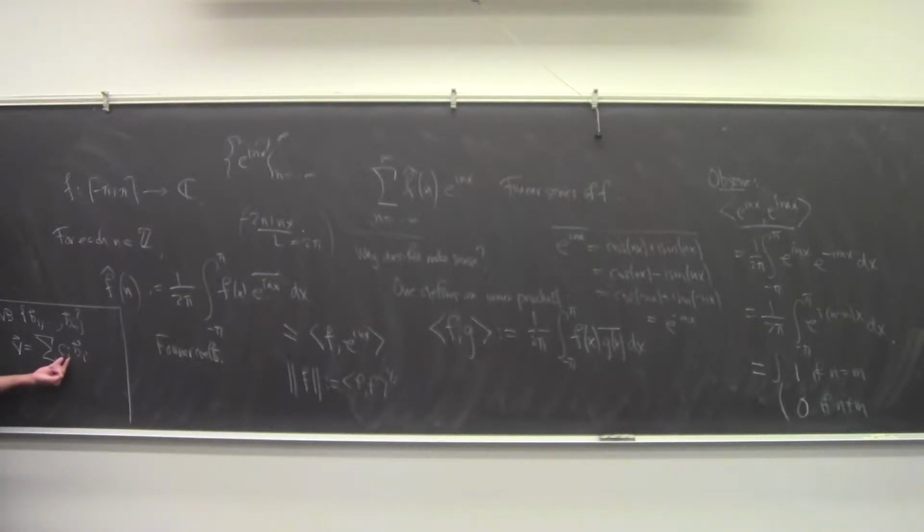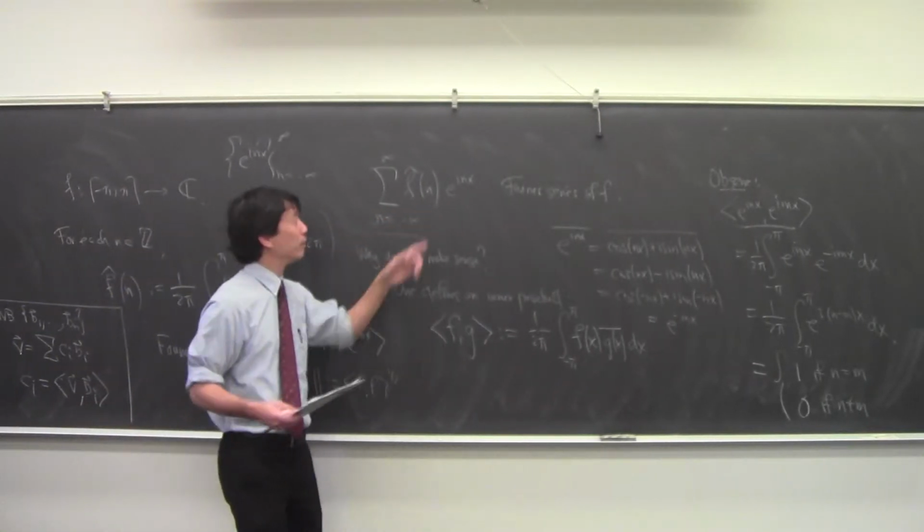How do you find the coefficients? Well, if you recall, c_i turned out to be the inner product of your vector against the appropriate basis element.